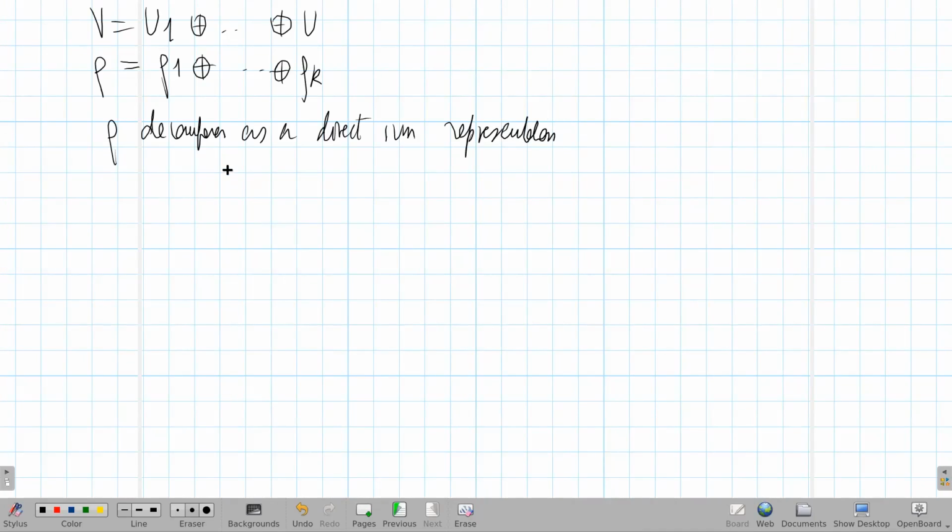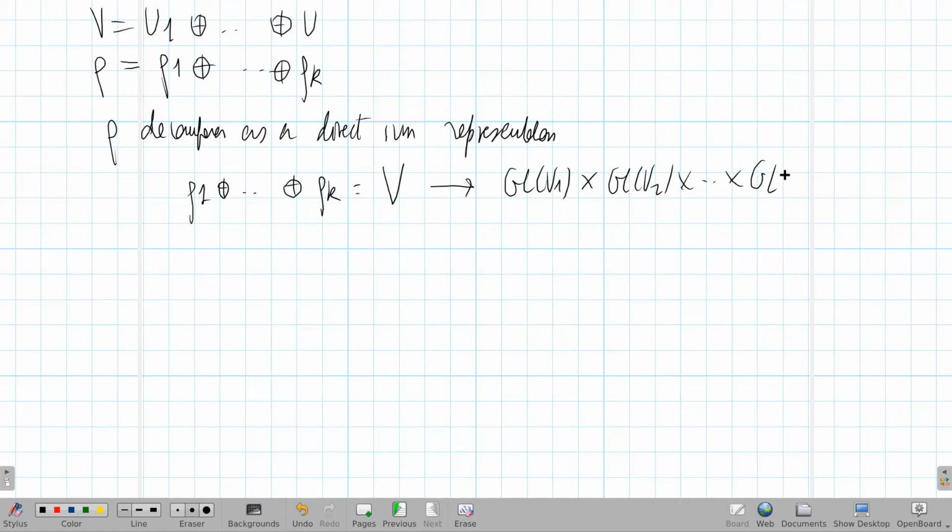Meaning that this rho 1 through rho k is the representation from G to GL(V1) times, the direct product of groups, through GL(Vk), which takes an element g to rho 1 of g, and so on.